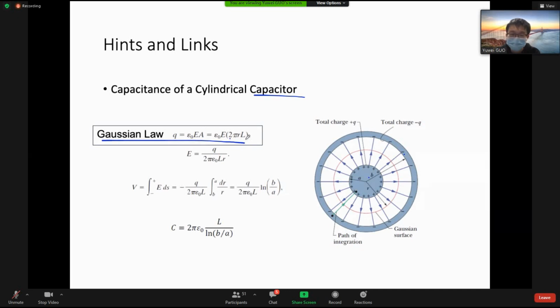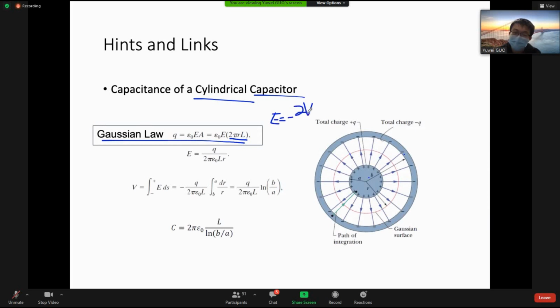And in this one, the area can be calculated as 2 pi times r times L, where r is the radius and L is the length of the cylindrical capacitor. So we can calculate the electric field in the capacitor.